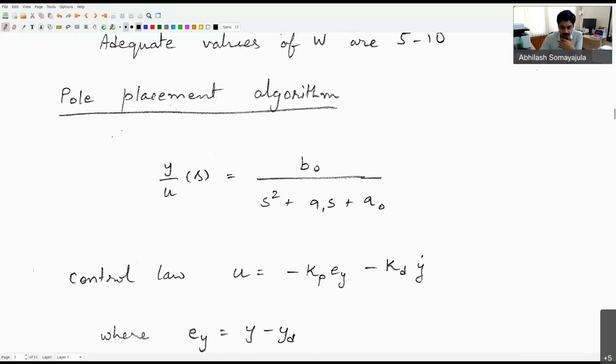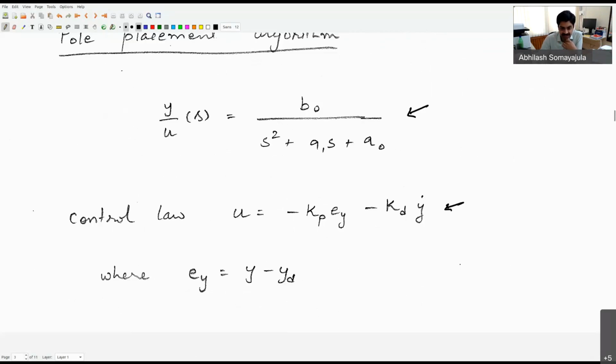We also tried to get an understanding of the pole placement algorithm in the last class, where we looked at a second order system. So if I am given a second order system that is being applied some control law, where we are assuming that the desired value of the output is actually a set point, which means yd is not a function of time, or yd of t is yd, equal to a constant.